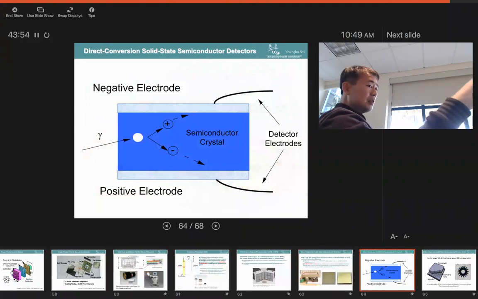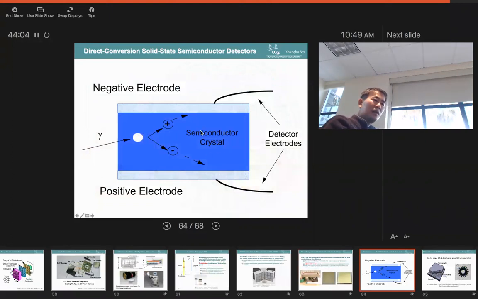So direct conversion is just like this simple diagram. It's the operating principle for direct conversion solid state detectors. This is our CZT material or cadmium telluride material. There, a high energy photon, this is not a scintillation photon, a high energy photon interacts directly within the semiconductor material like CZT, and it produces an electron hole pair directly.